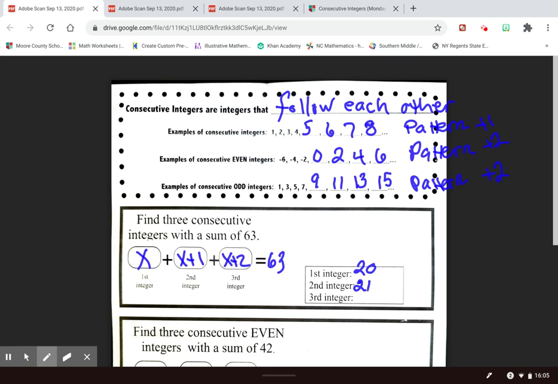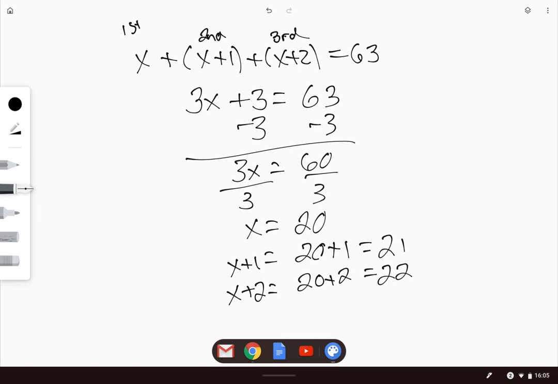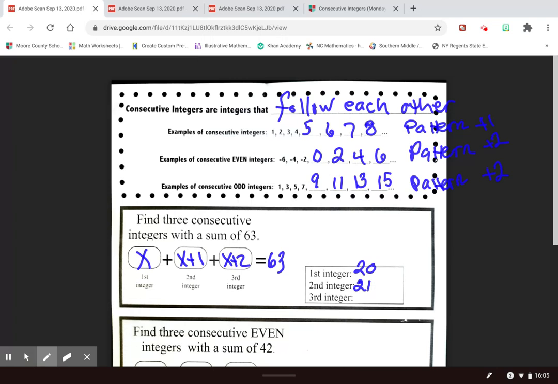And then my third integer is x plus 2. All right, 20 plus 2 is 22. So if I were to add up 20, 21, and 22, I get 63.